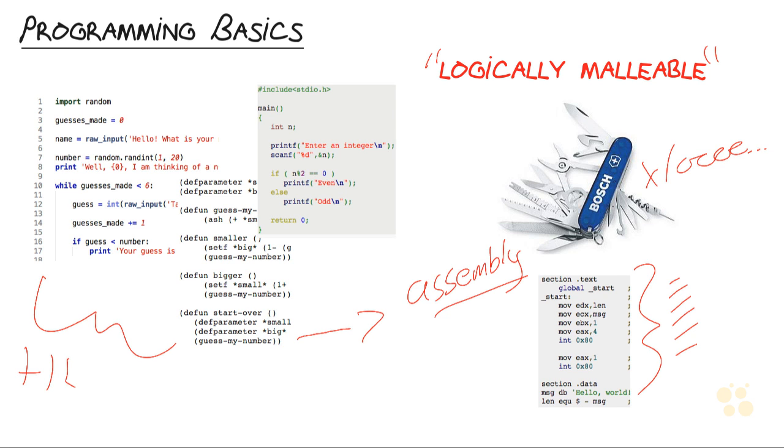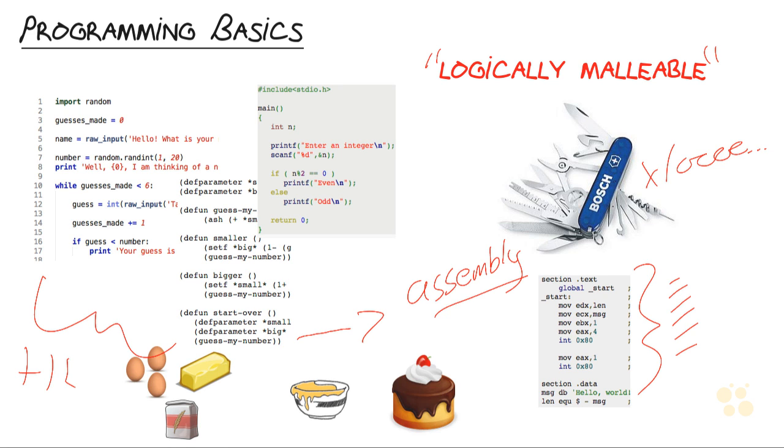And that's a process called compilation that I liken to baking a cake or cooking. You've got to take all these raw ingredients, in our case our raw programs, mix them all together, put them in the oven, and bake them into a final product, a cake, that can get consumed by the computer.